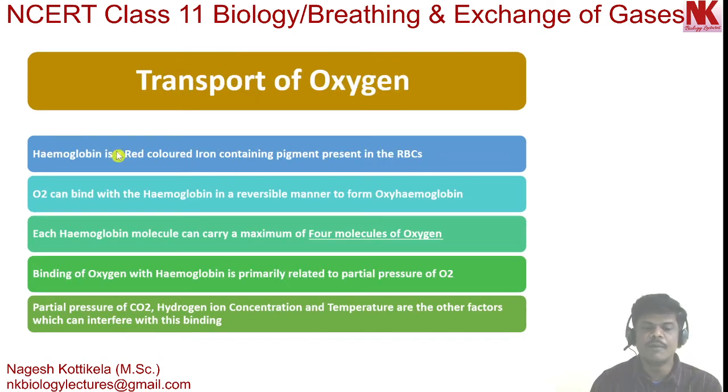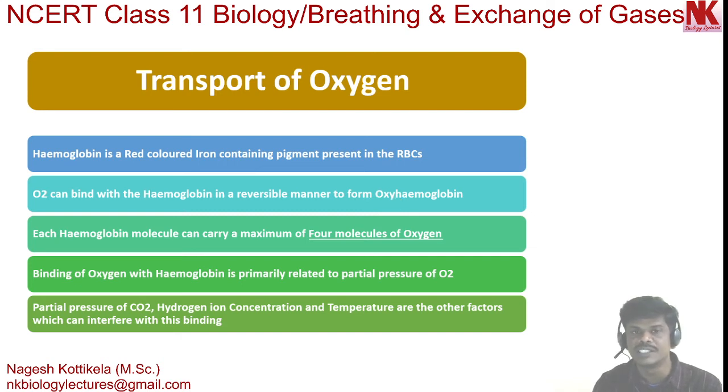Here, hemoglobin is a red colored iron containing pigment present in RBCs. Hemoglobin is a respiratory protein. Oxygen can bind with hemoglobin in a reversible manner to form oxyhemoglobin.